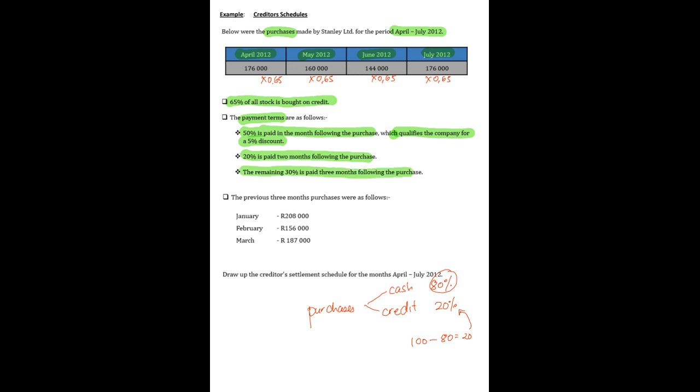Then they said the previous 3 months' purchases were as follows. So you also have for January, February, and March of 2012 the purchases figure, and they asked you to draw up the schedule for the months of April to July 2012.